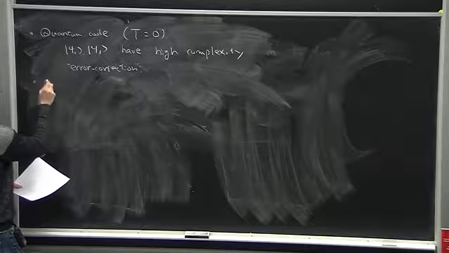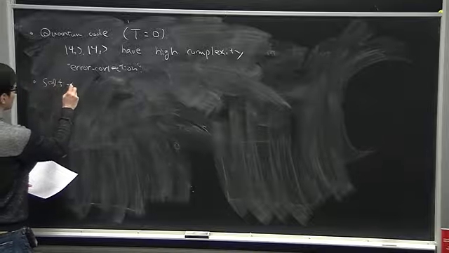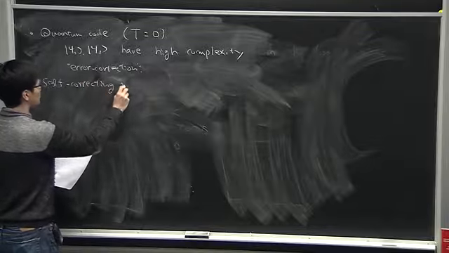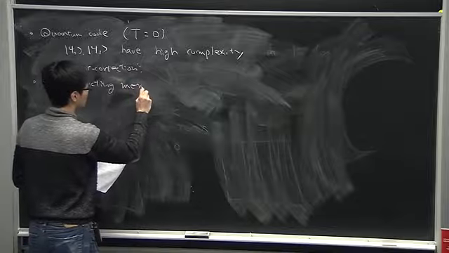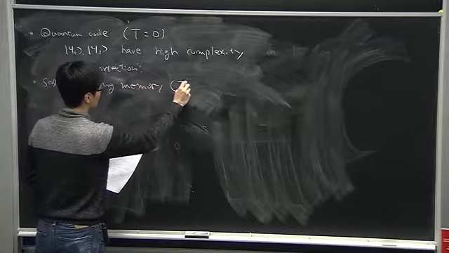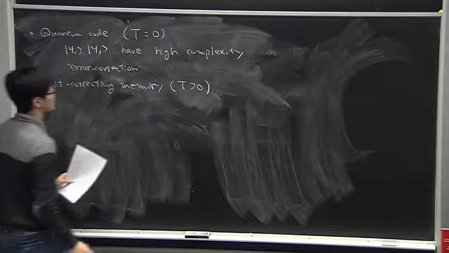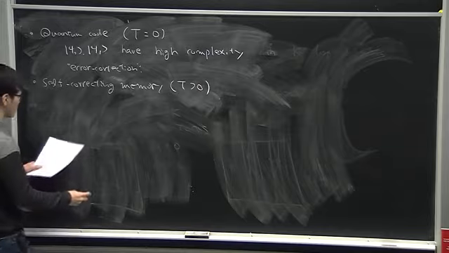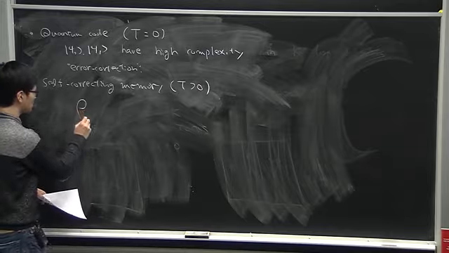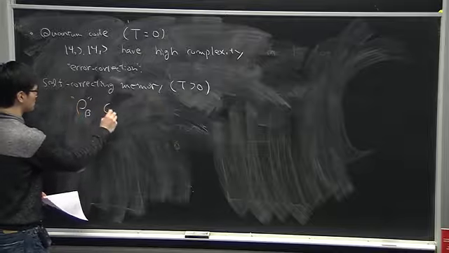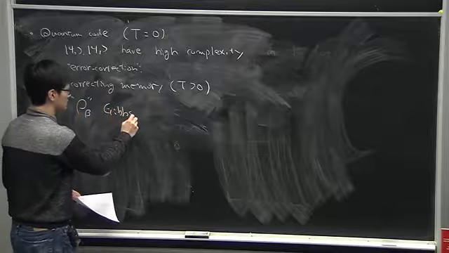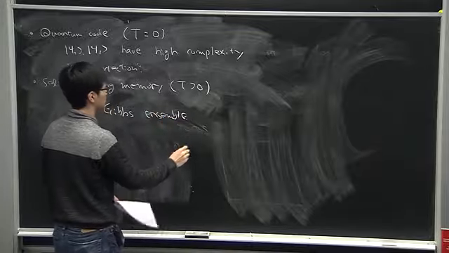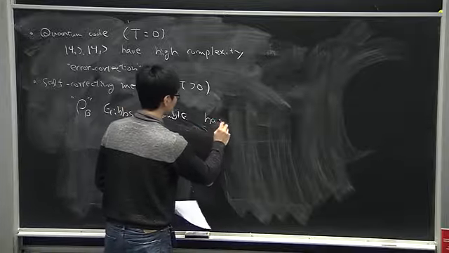But the question of self-correcting memory is a question at finite temperature in the presence of the thermal bath. So the naturally arising question is maybe this low beta Gibbs ensemble has high complexity.